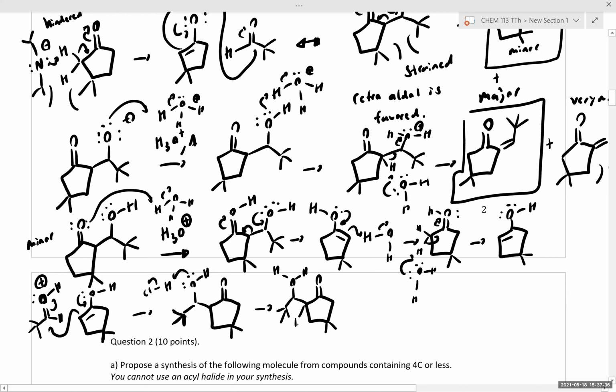So even if you had a little bit of the minor addition product, what you will see is that the minor aldol addition product can be converted into the major condensation product.